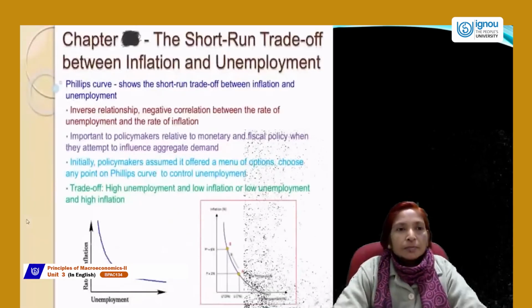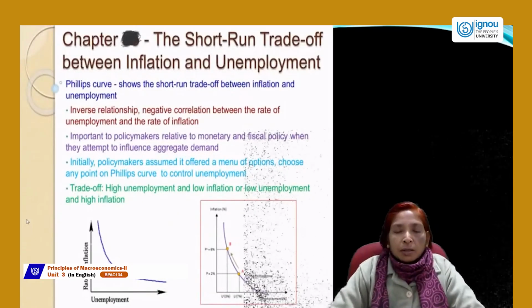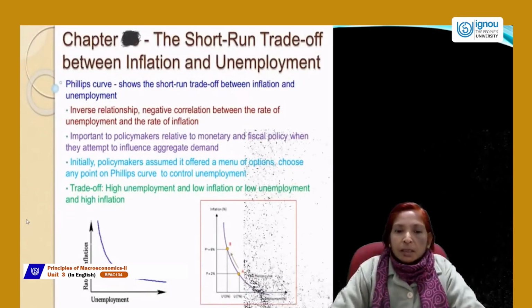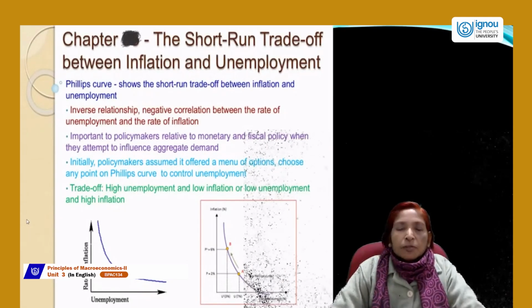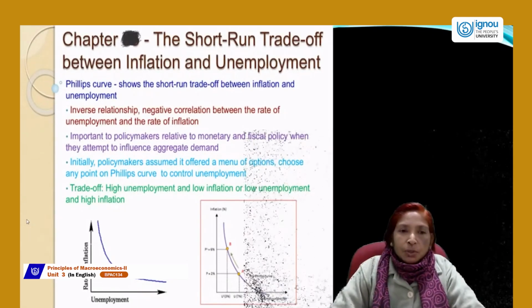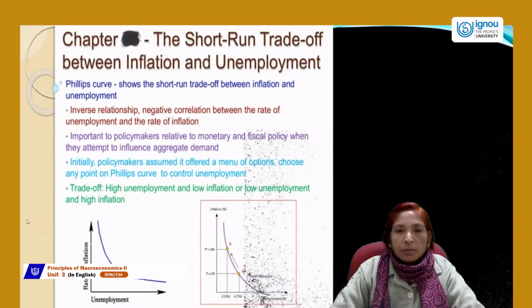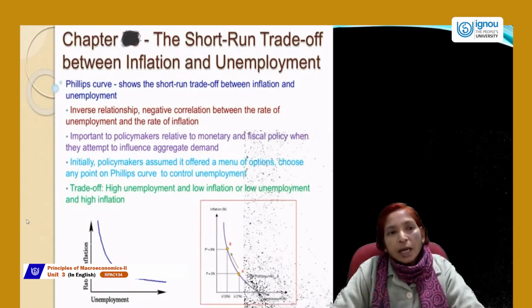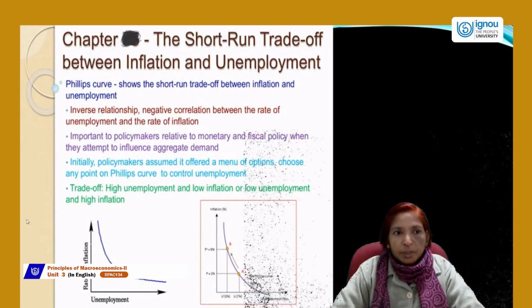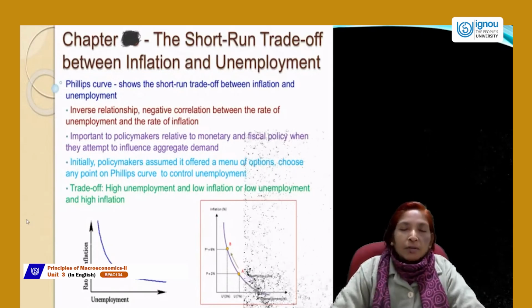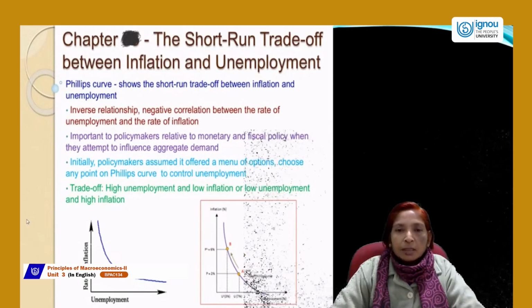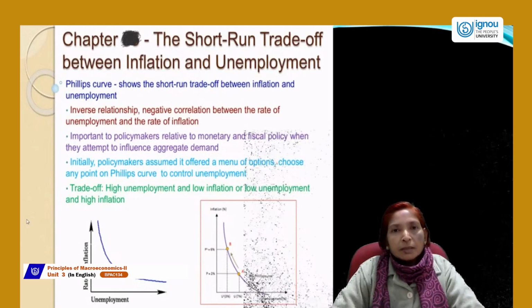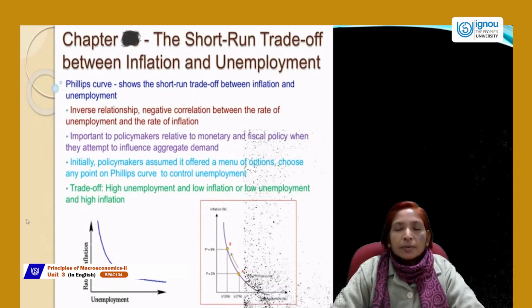Now next is the short run trade-off between inflation and unemployment. The Phillips curve shows the short run trade-off between inflation and unemployment, and the two have an inverse relationship, or negative correlation, between the rate of unemployment and the rate of inflation.